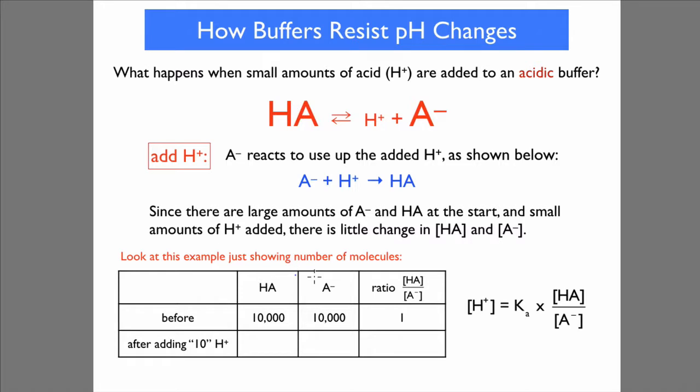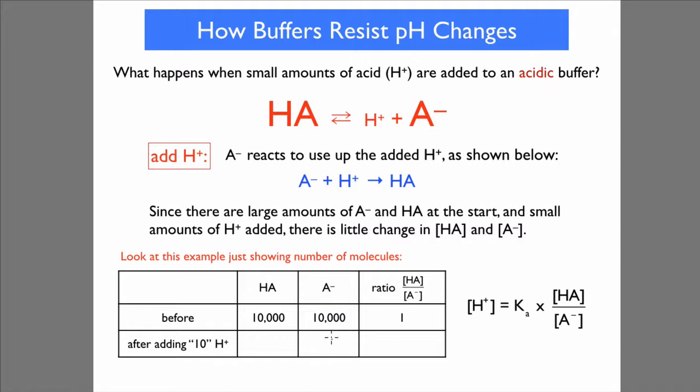If you look at this table here, before the reaction, if I've got a concentration of 10,000 for HA and 10,000 for A-, we'd have a ratio of 1. If we were to add 10 H+, at the very most, we'd then get 10 more of these, so you'd get 10,010.